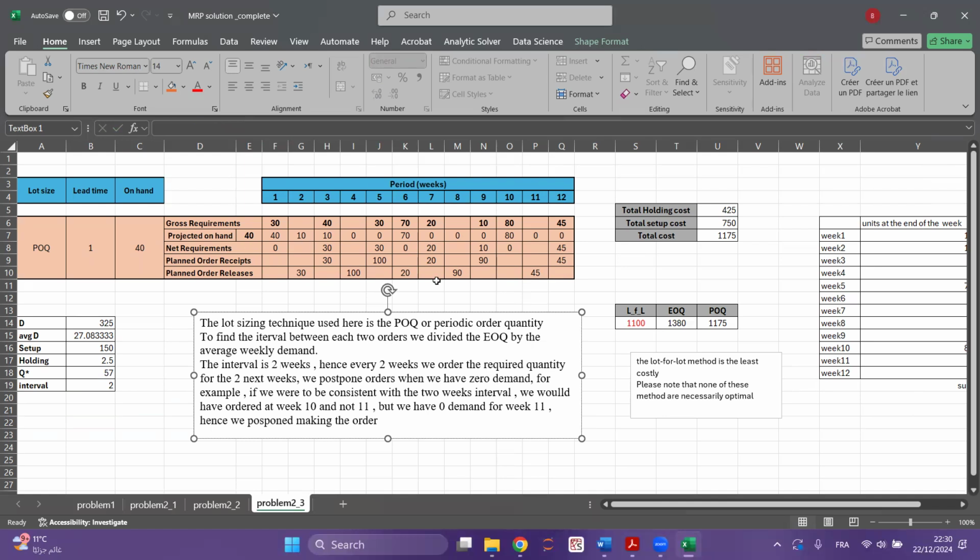Okay, we've done that for all periods almost, except for here. So every 2 weeks, we order the required quantity for the next 2 weeks. We postpone orders when we have 0 demand, for example.